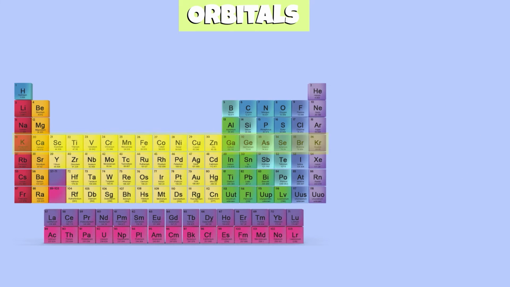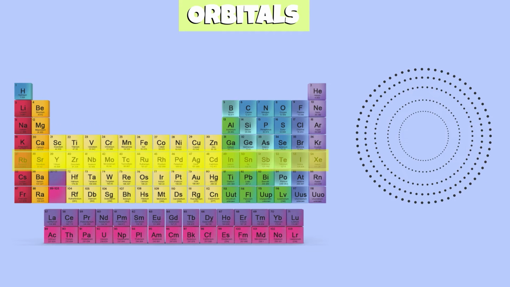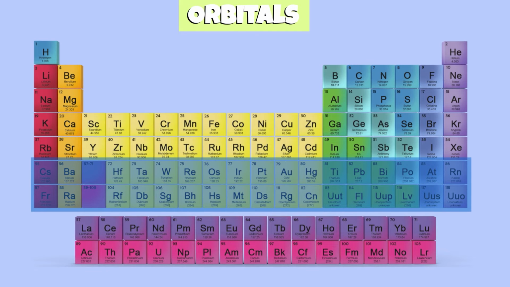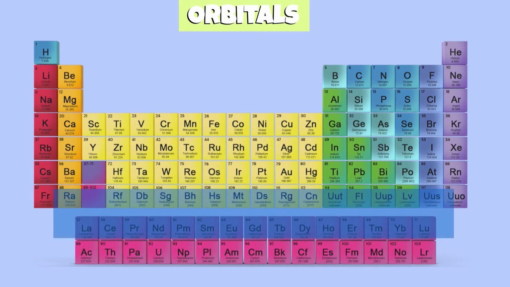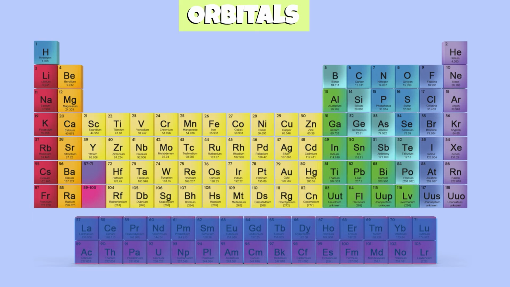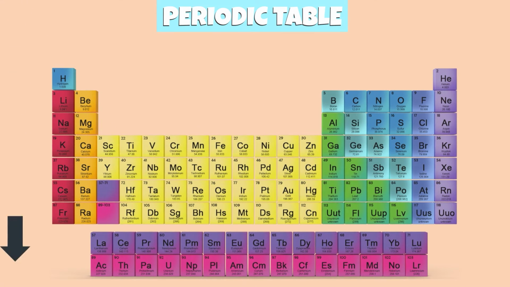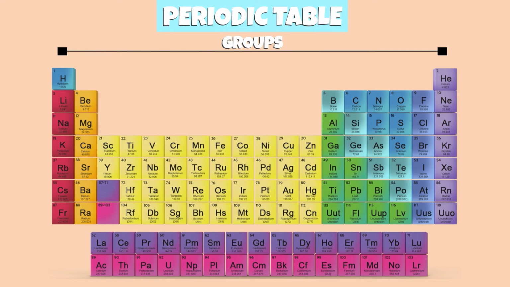Elements in the fourth period have 4 orbitals. All elements in the fifth period have 5 orbitals, and so on. The sixth and seventh periods have so many elements that some of the elements are repeated at the bottom of the periodic table.